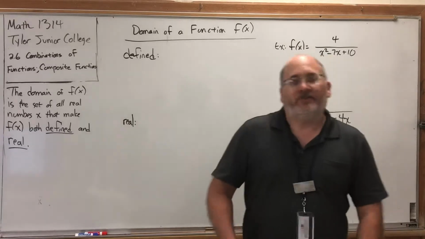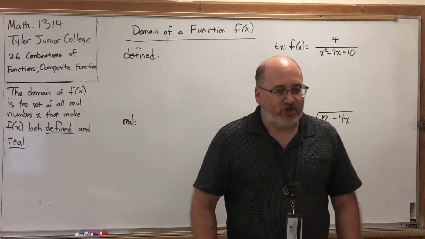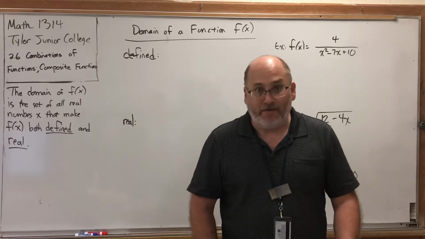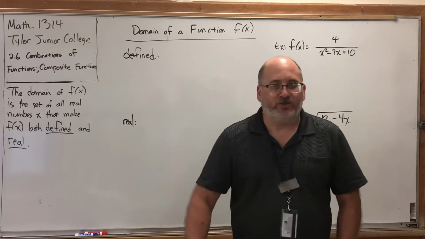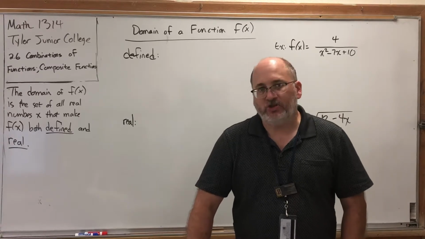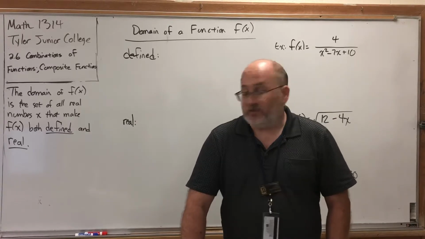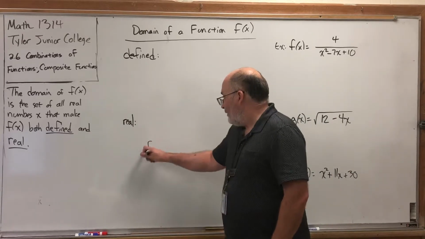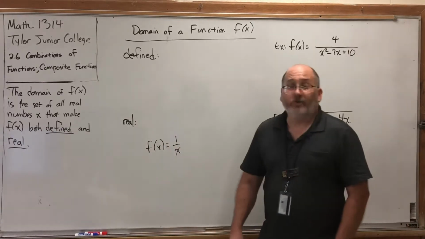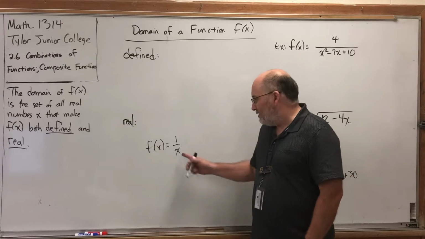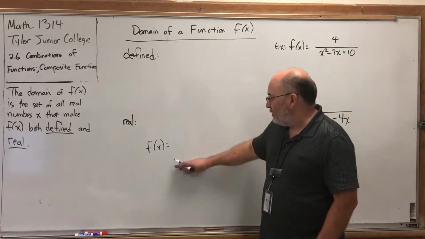But before we get into the discussion of combining functions, we need to discuss a little bit more in depth the domain of a function. In the previous series of videos, when I was introducing some common graphs and their functions, I made a few comments about domain issues. For example, the function f of x equals 1 over x, we said its domain was all real numbers except 0 because it made the fraction undefined to have 0 in the denominator.